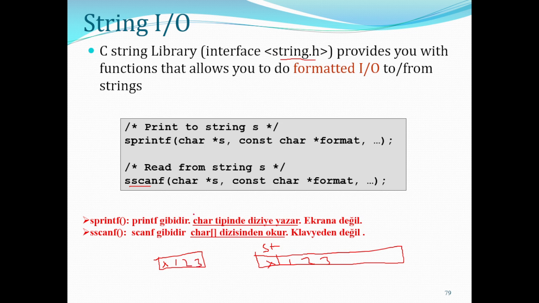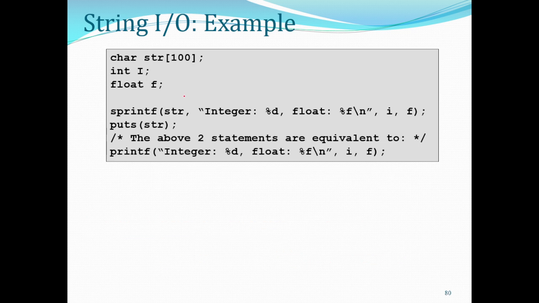So the sscanf and sprintf functions are not reading from file. Those are basically reading and writing from a string. Let's see, I have this string which is holding 100 bytes, and then in here I'm generating a new string, and in the string it will be, let's say, an integer.